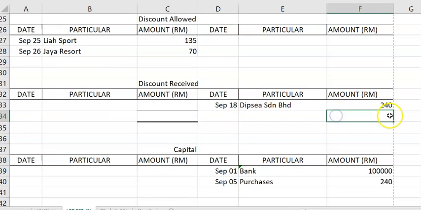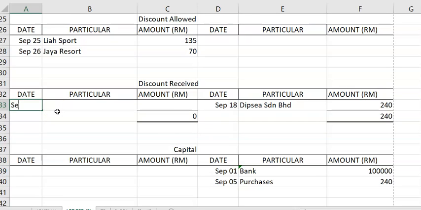Here you already know it is 240, you do not need to calculate. So this is 0, and of course this one is much higher. So this is the place. Remember, the lower amount will have the balance.